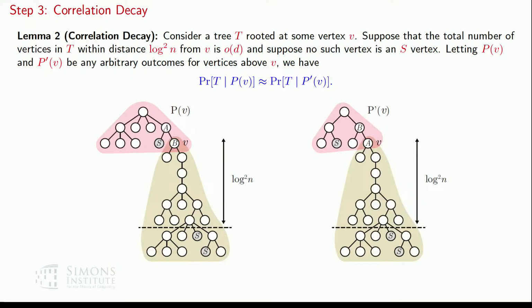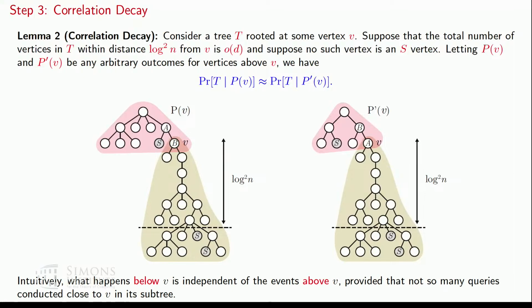This can be stated a little bit more formally, but morally what we say is that either you make a lot of queries close to a vertex, or else you won't know anything about the label of the vertex. It's going to be A or B, and you won't know anything about it. And this holds even if you condition on things above the vertex, but I'm not going to talk about that. Okay. So how is this useful?